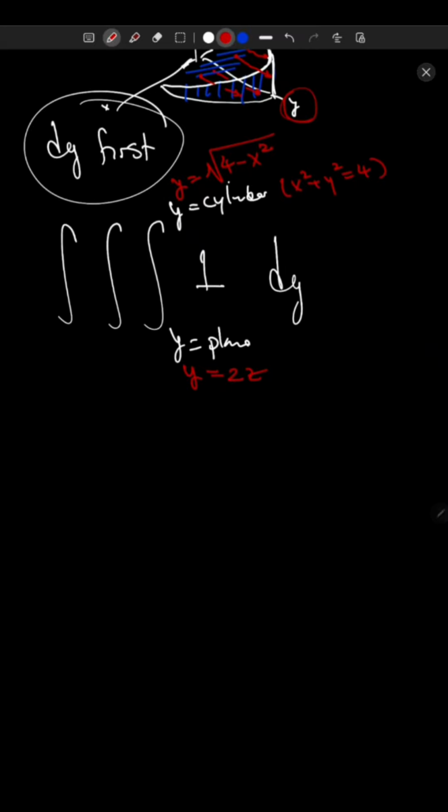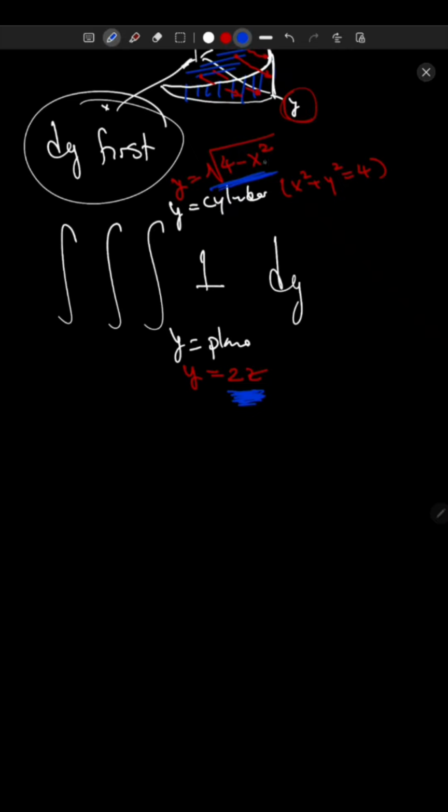By the way, sometimes it's good to do a quick check of your limits of integration. They should definitely not have any y's in them, because if they do, when you do the outer integrals you're not going to end up with a number, since you'll still have y's floating around. Something like y equals 2z looks okay. y equals square root of 4 minus x squared looks okay.